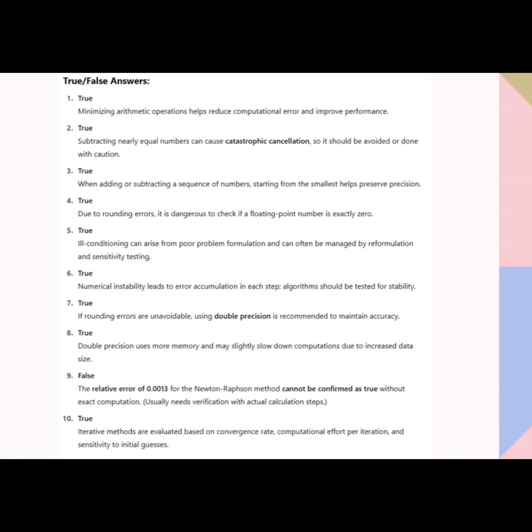Ninth, the relative error of 0.0013 for the Newton-Raphson method cannot be confirmed as true without exact computation; it usually needs verification with actual calculation steps. That is false. Tenth, iterative methods are evaluated based on convergence rate, computational effort per iteration, and sensitivity to initial guesses. That is true.